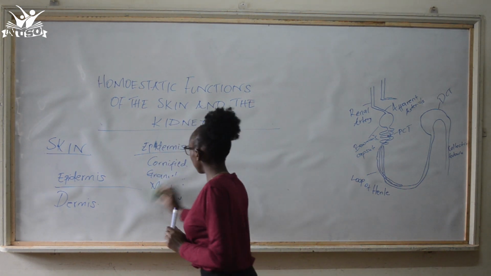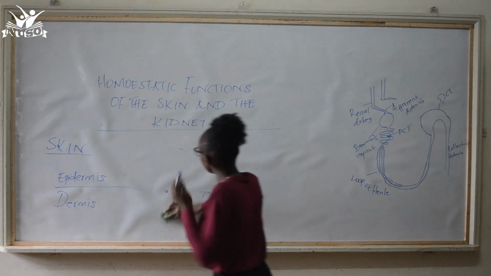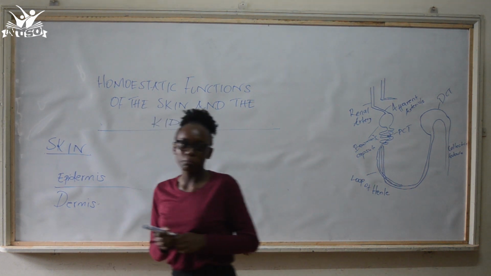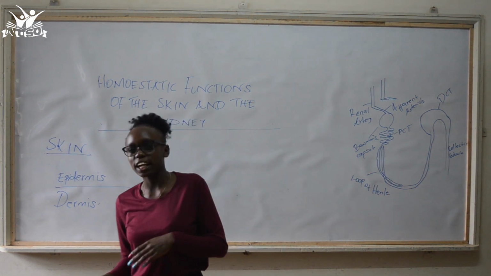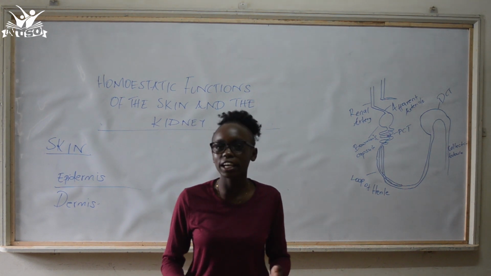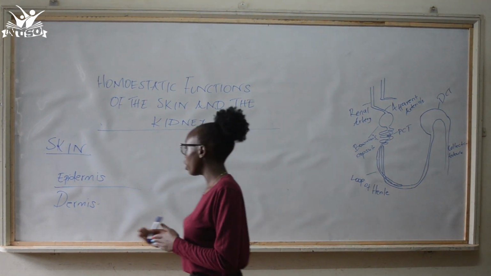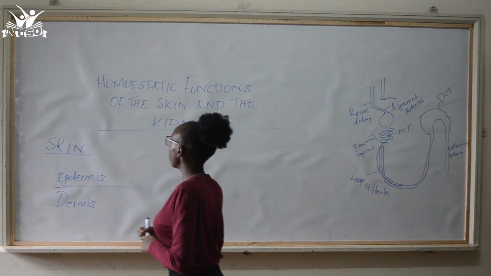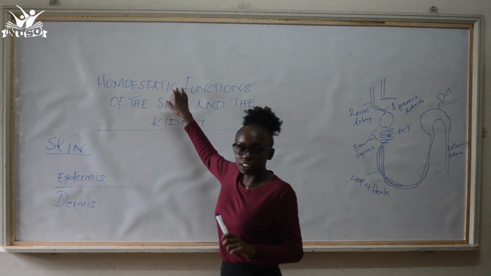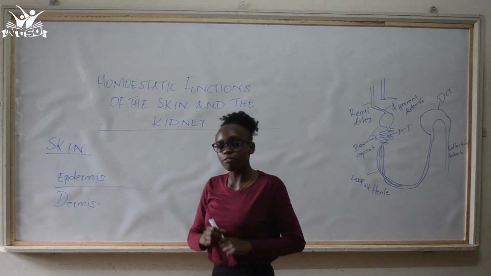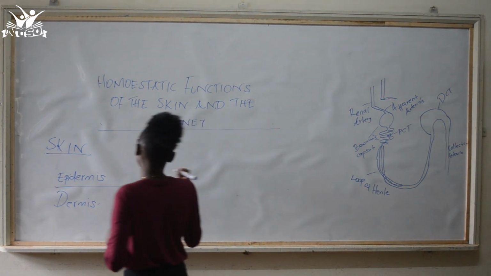The internal structure of the skin, which is the dermis, contains so many parts. It includes sebaceous glands, subcutaneous fat layer, erector pili muscle, sweat glands, hair follicle, and all that. So, to go to the homeostatic functions of the skin, the skin performs thermoregulation.